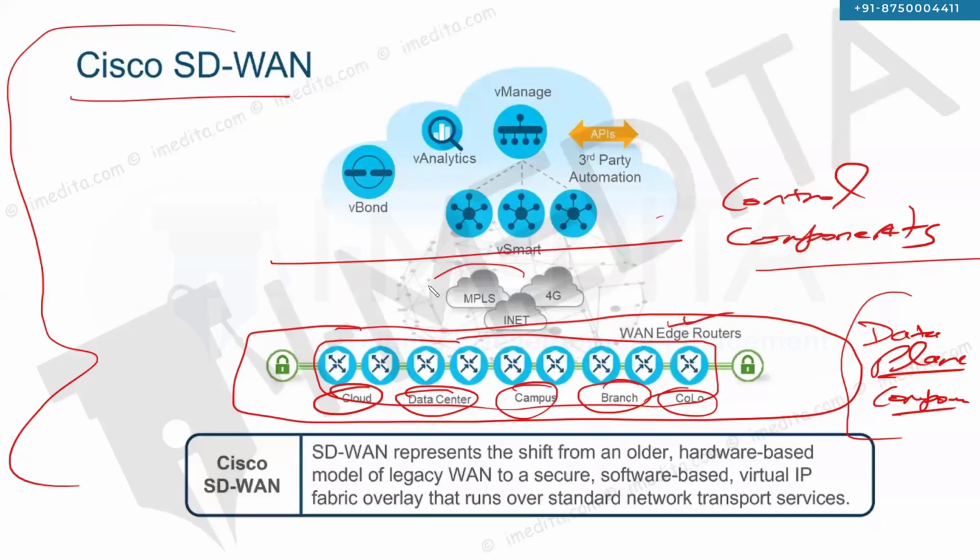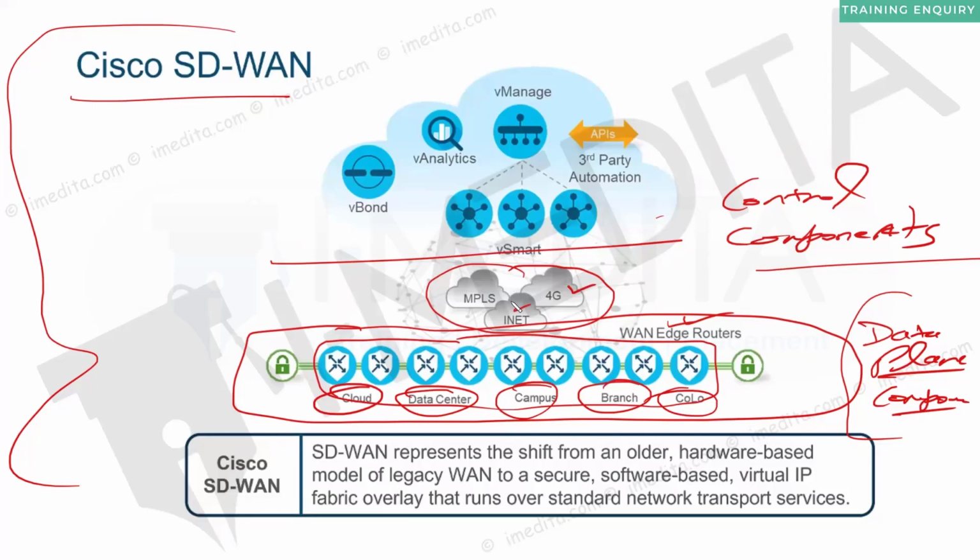Then you have transport. As I told you, SD-WAN is a transport independent technology. When I say that, it means it does not really depend upon the type of transport that you are using. You can use MPLS, 4G LTE, or just internet connectivity.